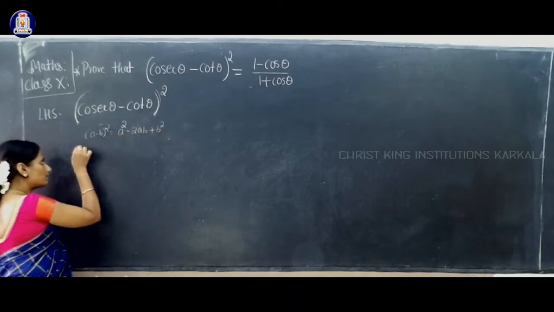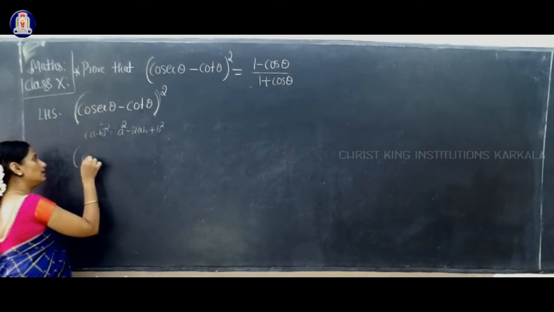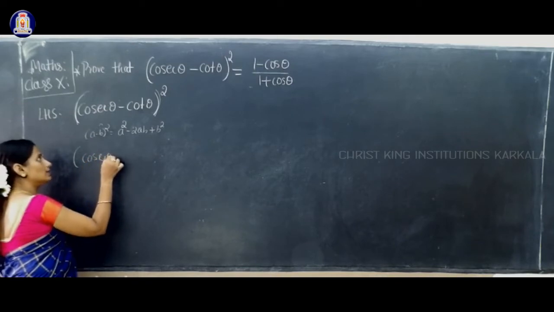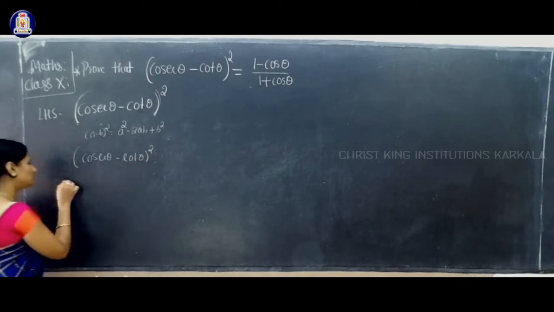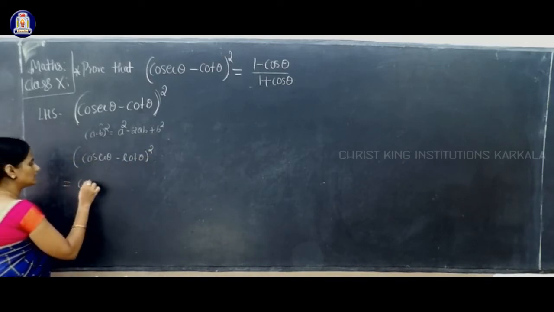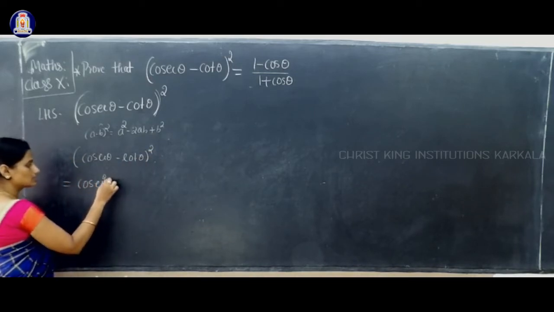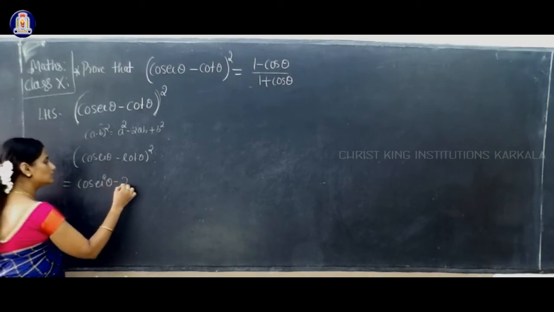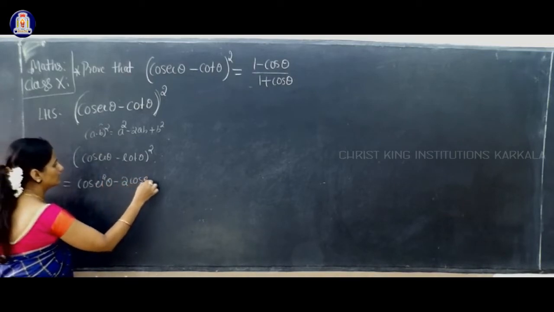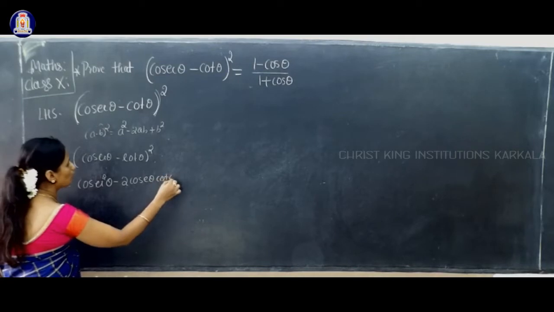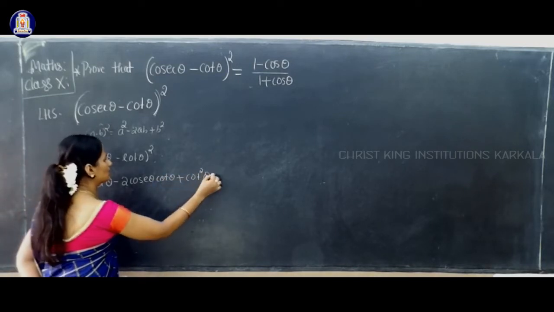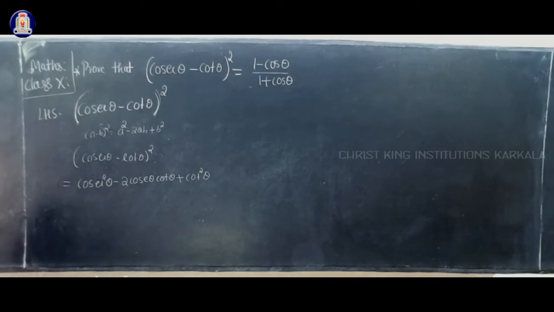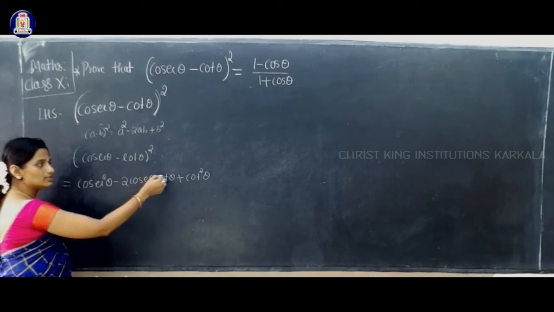Now if we apply this formula for cosecant theta minus cot theta whole square, it is equal to cosecant square theta minus 2 into cosecant theta into cot theta plus cot square theta, right? Now how to simplify this? Is it possible to cancel cosecant and cot?